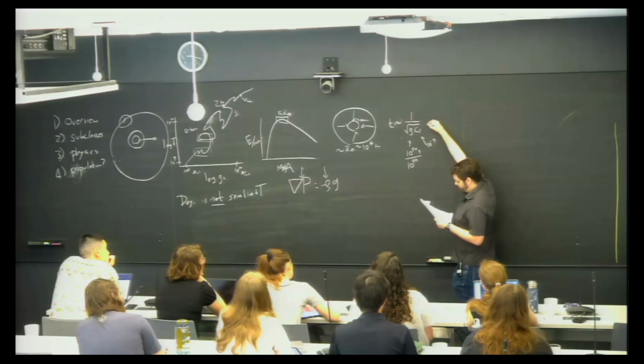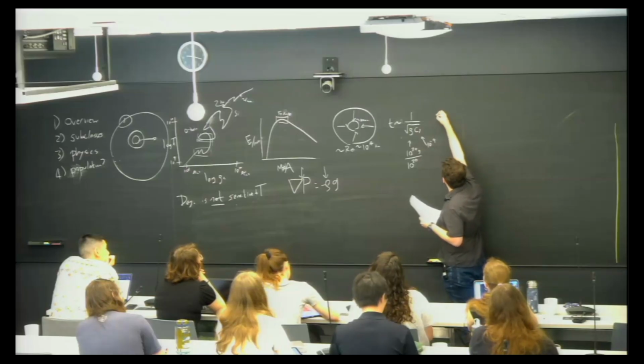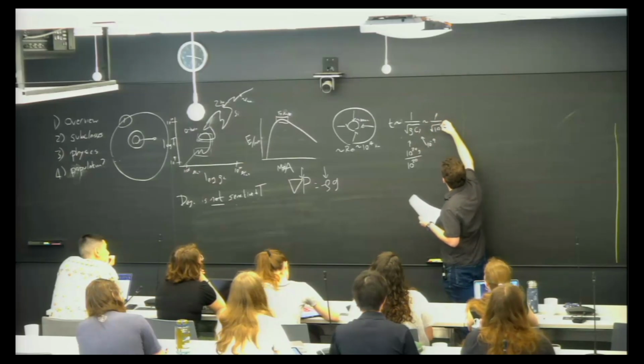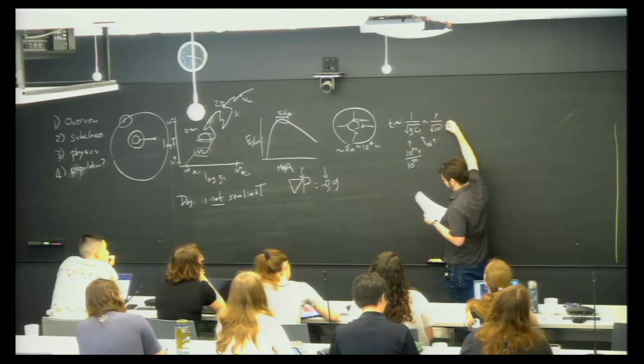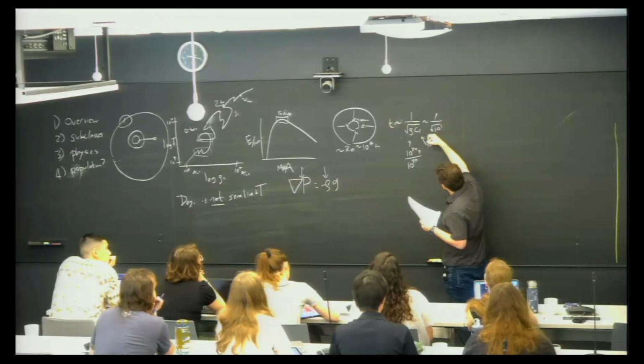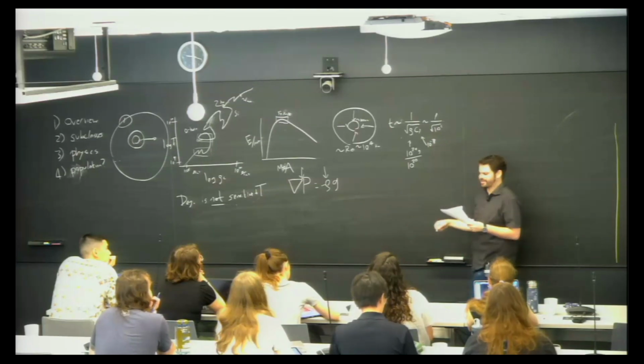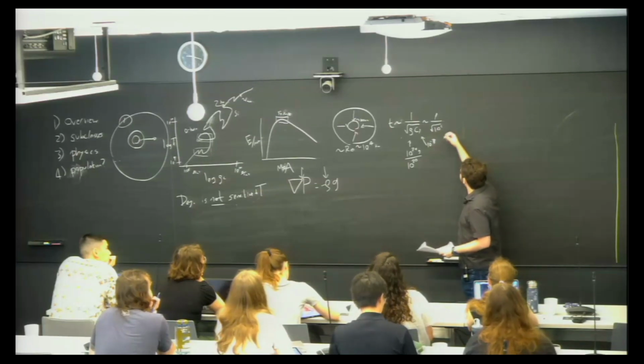So you have 4 orders of magnitude minus 5, so you have 1 over the square root of 10 to the 5 or so. Okay, that gets me closer to what I wanted, which is good.